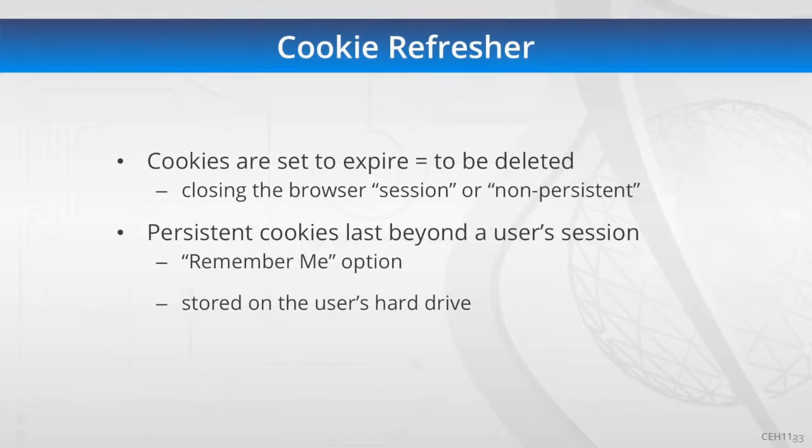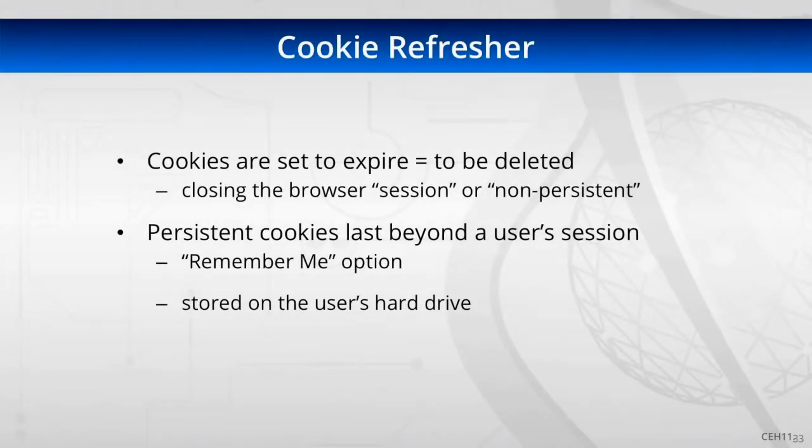Remember me. We create those options to make it more convenient for the shopping experience of the end user. You and I know that from an attacker standpoint, any of that remember me stuff stored on the user's hard drive, if we can get at that, then we win.